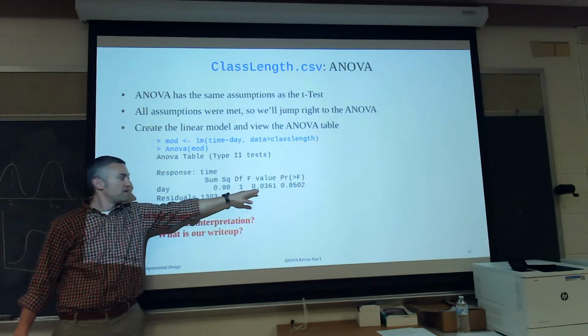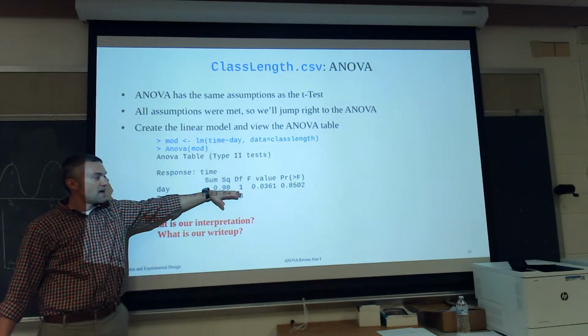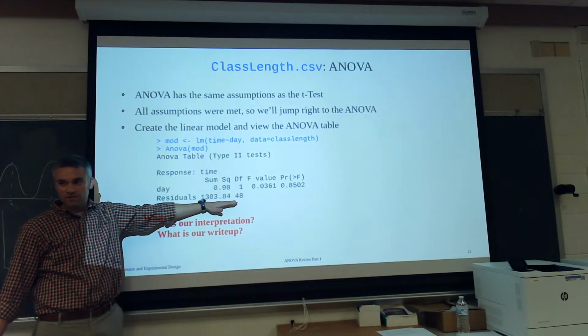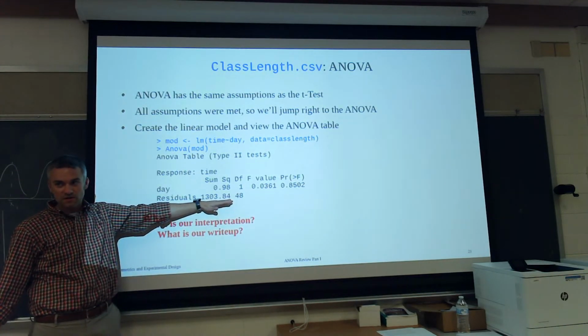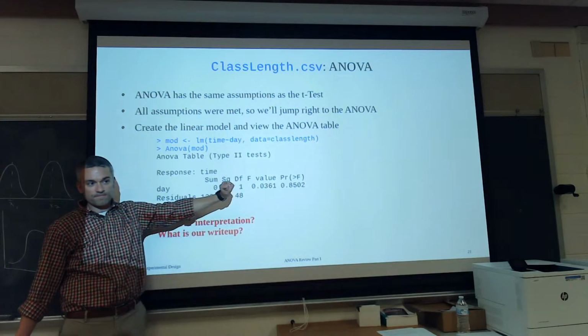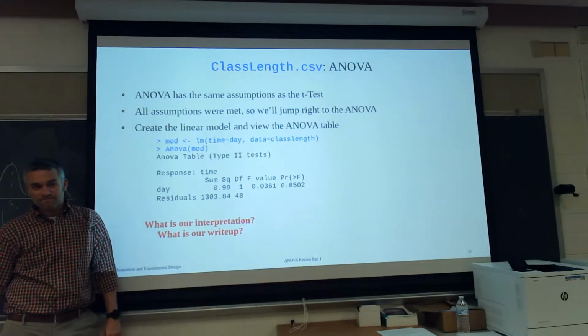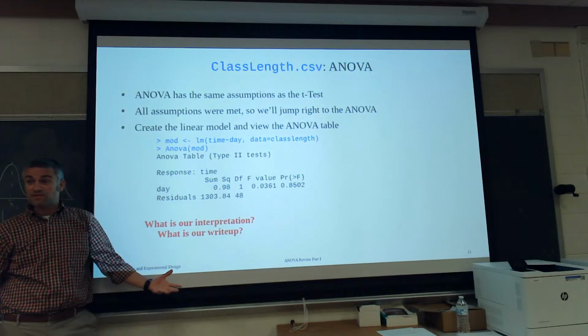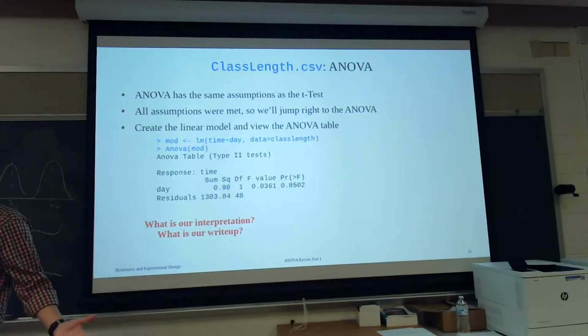Our F is the mean square of our day divided by the mean square of our residuals, our signal to noise ratio. In this case, our signal to noise ratio is really, really small. So our noise basically swamps the signal. There's much more variation within each of our days than there is comparing the means to the grand mean.